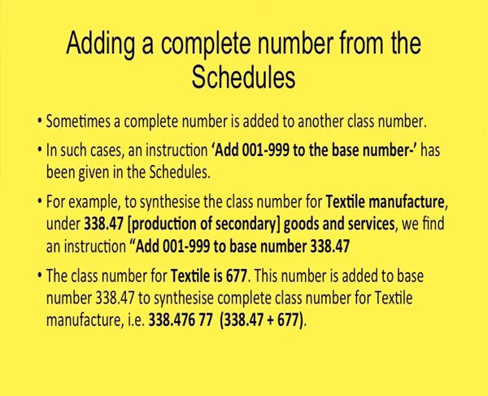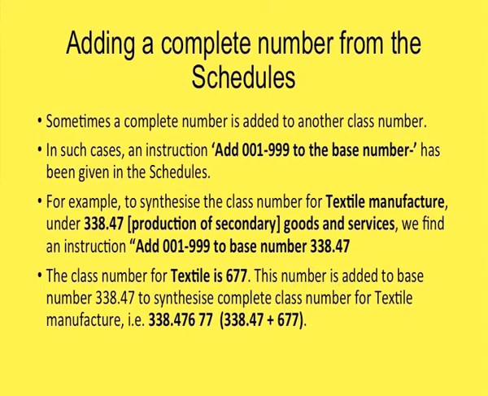Then we find out the number for textiles, and we find 677 is the class number in the schedule. So, this complete number 677 for textile is to be added to the base number. As per the instruction, we add 677 to this 338.47, that is the base number.